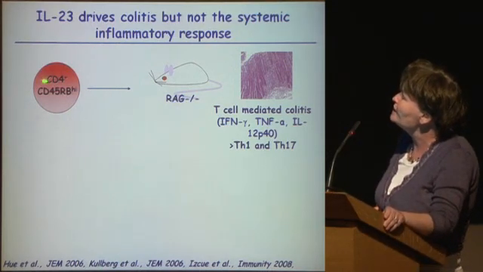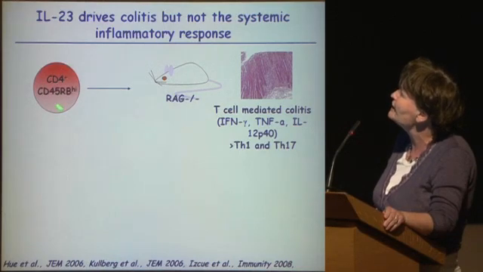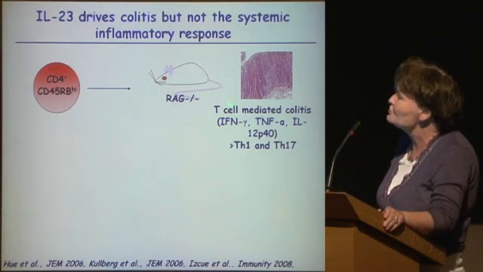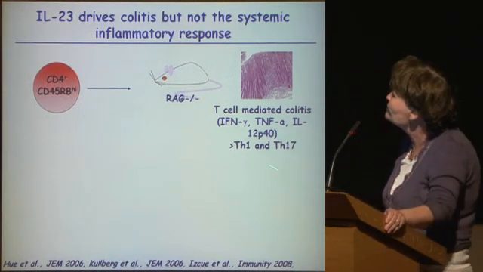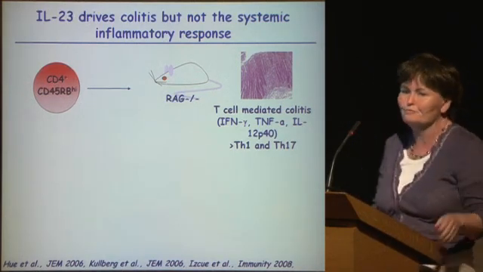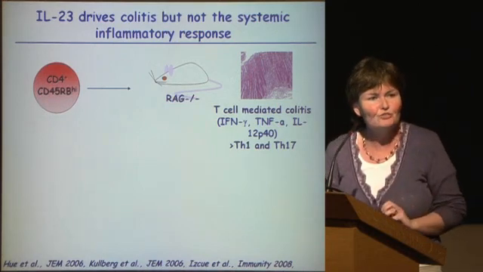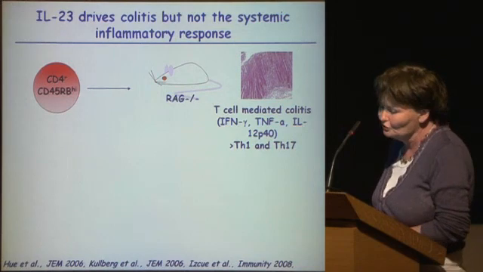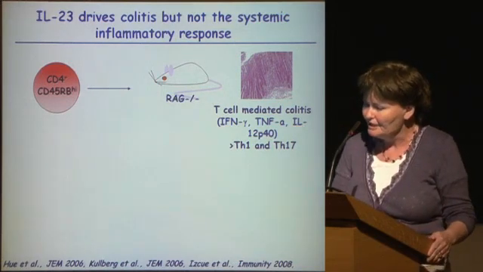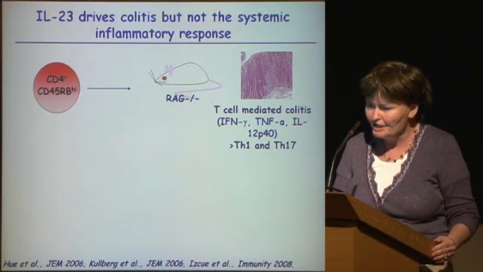So transfer of naive T-cells in the absence of a regulatory T-cell compartment leads to a dysregulated response to the flora in immune-deficient mice. And this disease has the hallmarks of both Th1 and Th17 type responses and is dependent on IL-12p40, interferon gamma, and TNF-alpha.